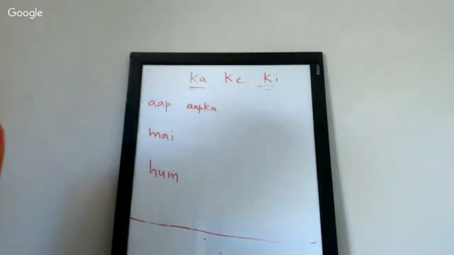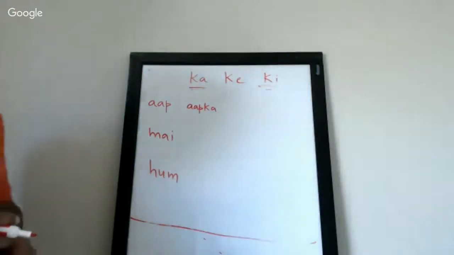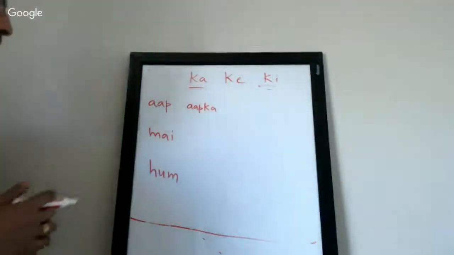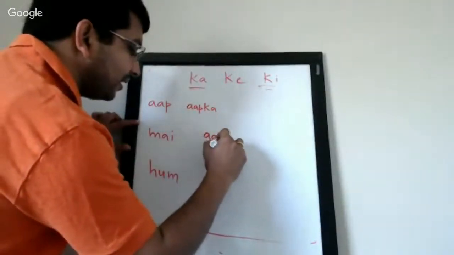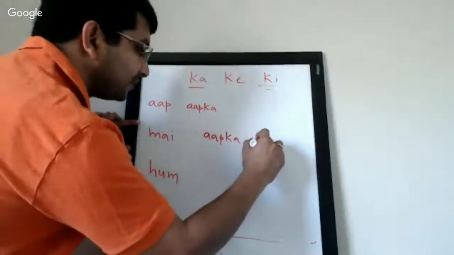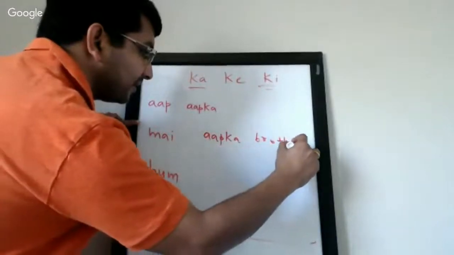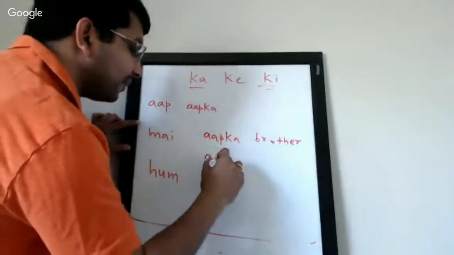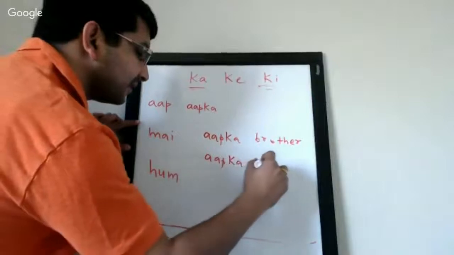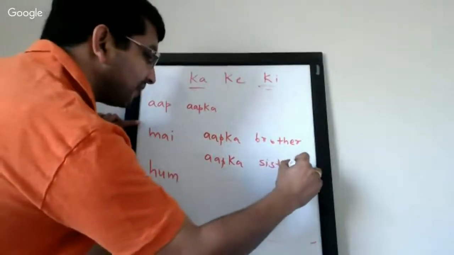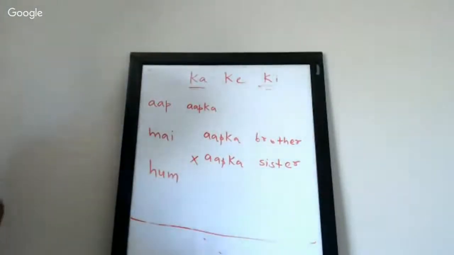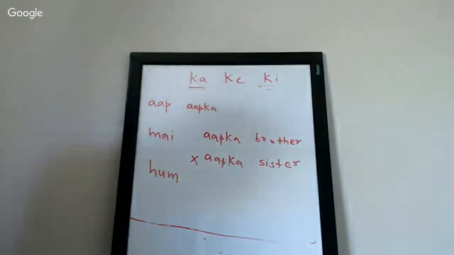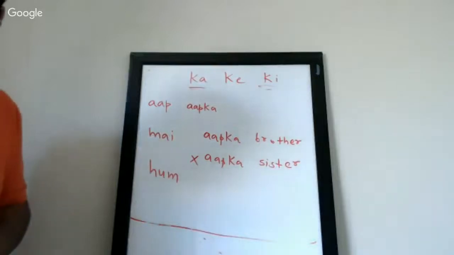Okay. Aapka bhai, your brother. That's also correct. Why do you use aapka for brother? You said aapka brother, and you didn't say aapka sister. When you say aapka sister, this is incorrect. Why? You can write it down: aapki sister.